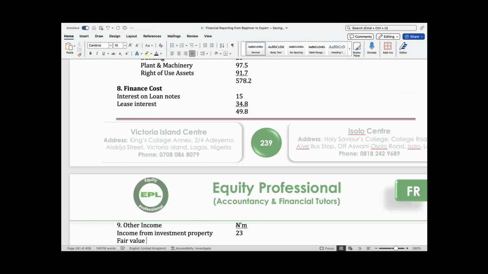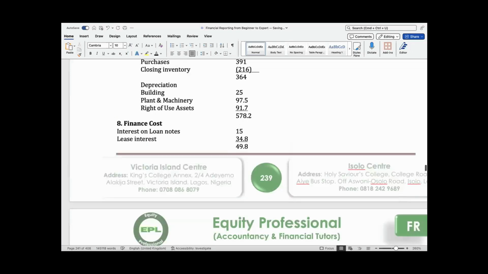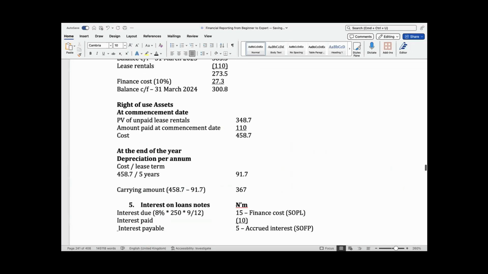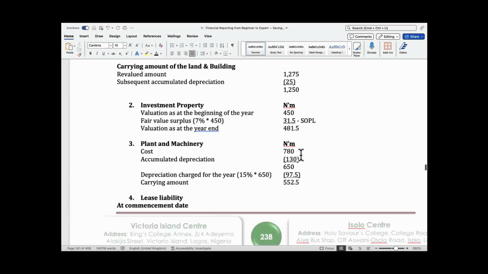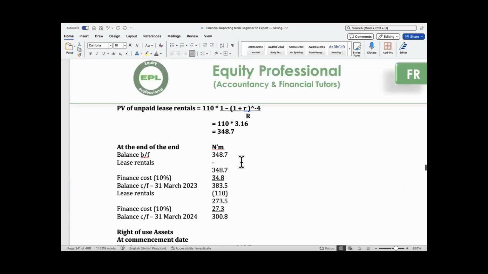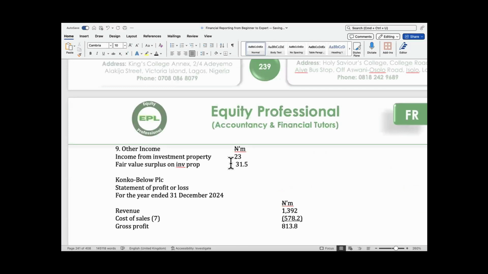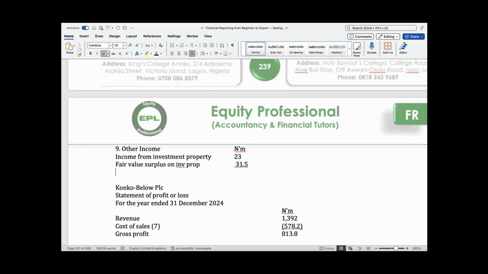So fair value surplus on investment property. And how much was that fair value surplus again? On that investment property, 31.5. So if I add these two together, I have 54.5 as my other income.